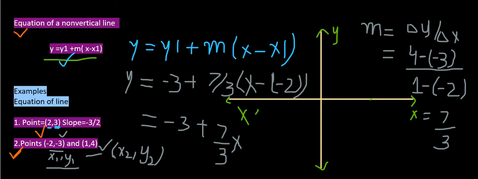By multiplying the minus outside and inside the bracket we get a positive value, and by multiplying the slope inside it we get 7 over 3 cross 2, minus 3, plus.